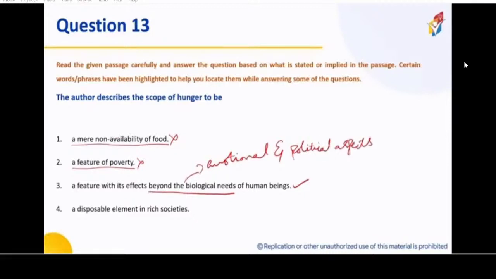Therefore, it is not just biology. It is a disposable element, meaning it can be done away with in rich societies. The author says even rich societies sometimes have hunger when they feel annoying pain because their meal is delayed or because they choose not to eat. Therefore, the answer should be option 3 here.